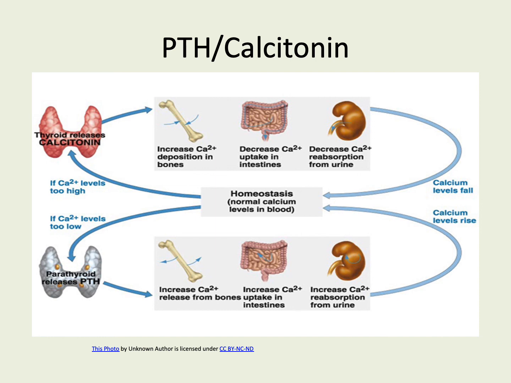Calcitonin: if we have too much calcium in our blood, that is not good either, so we need to decrease it. What is going to happen? If there is an increase in calcium, calcitonin will be released from the thyroid gland, and it will allow calcium deposition into the bone.